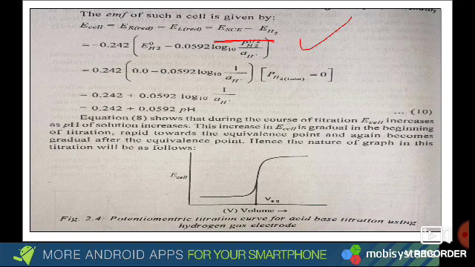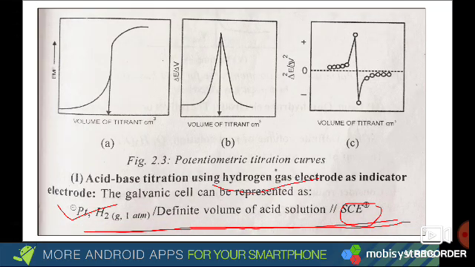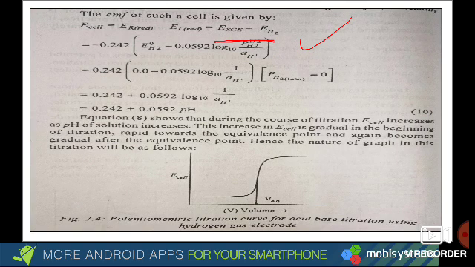Now in this case we all know that the potential of your SCE is fixed. And how much is it? 0.242. So that we have written in the bracket for EMF. Now H2 is the indicator electrode, so its concentration we will not know. Minus, now this cell we will convert into log to the base 10.